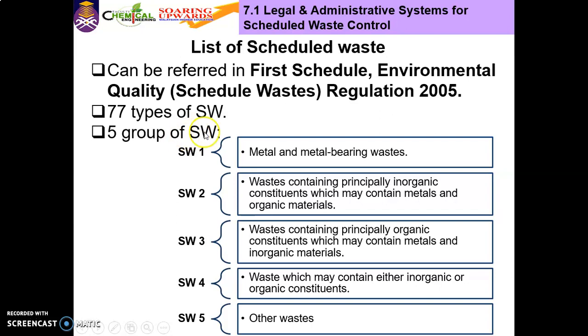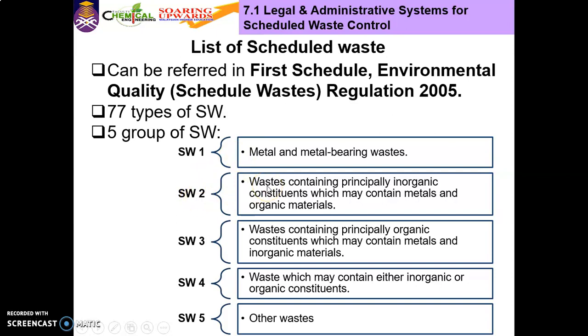Scheduled waste can be grouped into 5 major groups. SW1 involves metal and metal-bearing waste; all the e-waste is under SW code number 1.